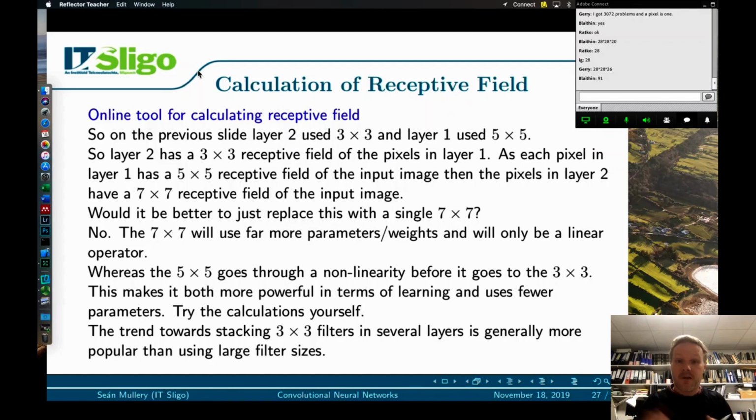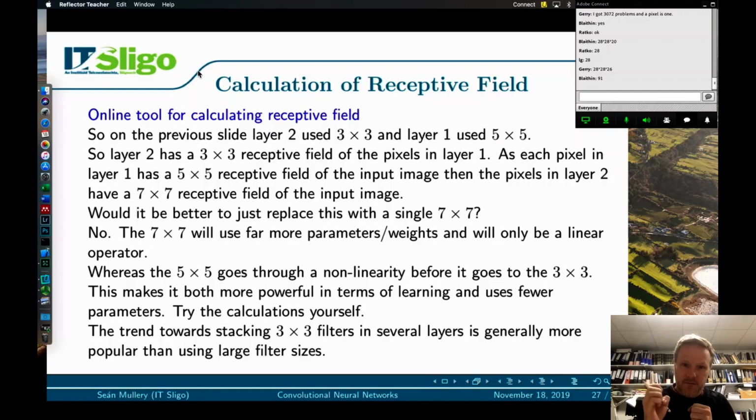That's the first thing. I would advise you to calculate through that and make sure that you're happy that that's the case. The second thing is the 5x5 goes through a non-linearity before it goes to the 3x3. Because of that, the non-linearity's activations add a huge amount of complexity to what your model is able to model.